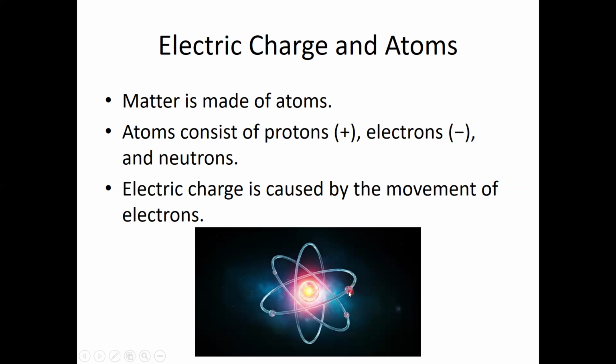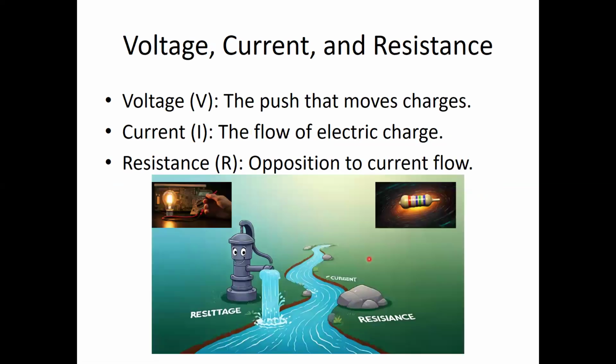That means they should gain some energy to leave the orbit of the atom and then travel through a medium, such as a piece of conductor, and only then will we say the electric charge is produced because the electrons are moving.